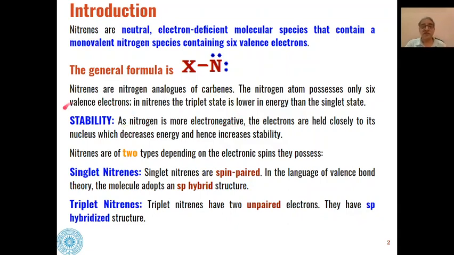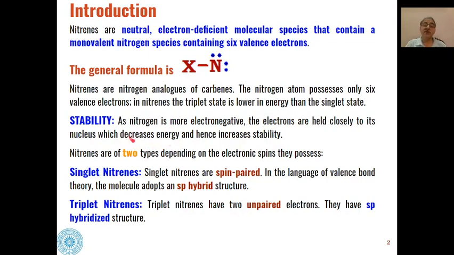And as far as the stability of nitrenes is concerned, if you see that in comparison to carbon, nitrogen is more electronegative. So when the electronegativity of nitrogen is more, that means it will hold this pair of electrons more closely towards its nucleus, and this will decrease energy.